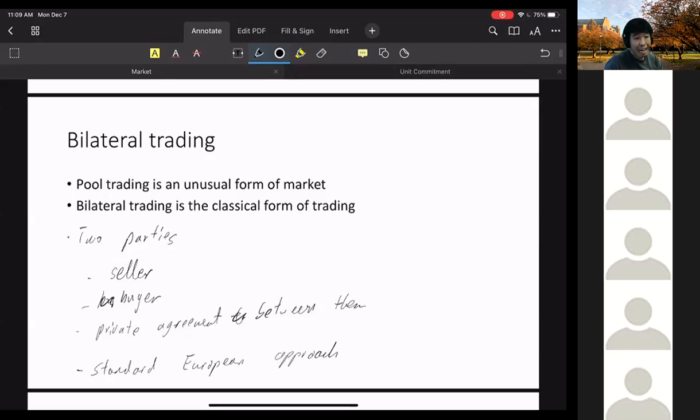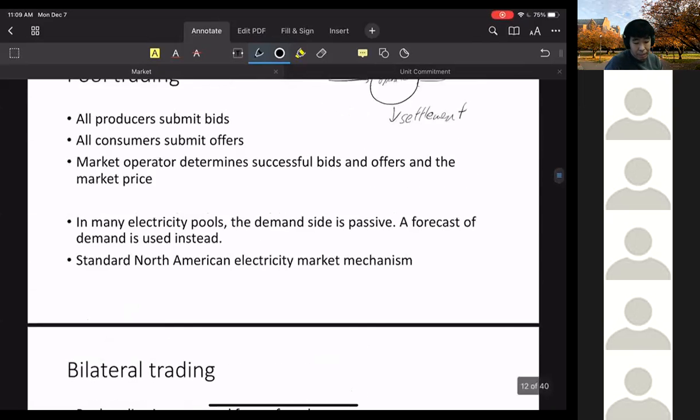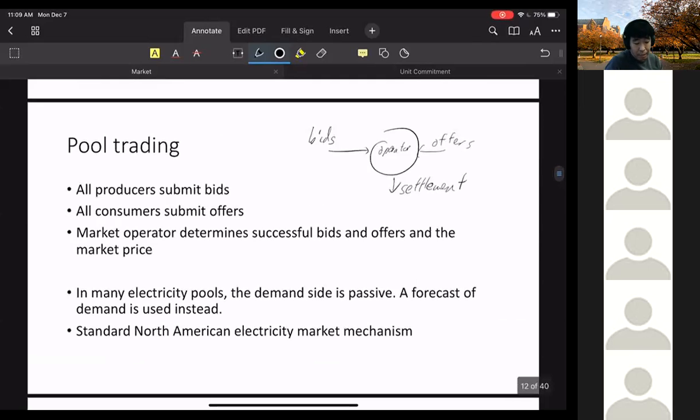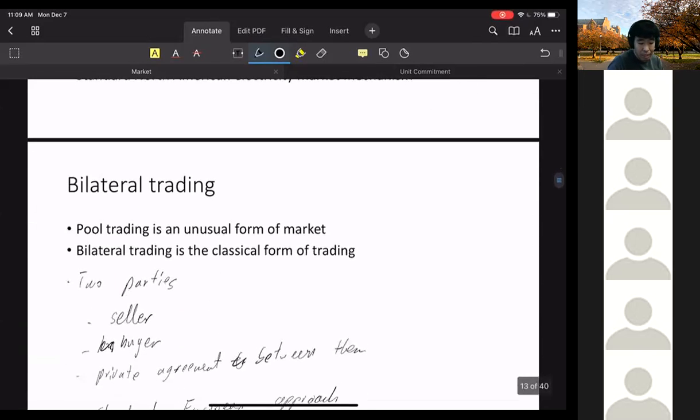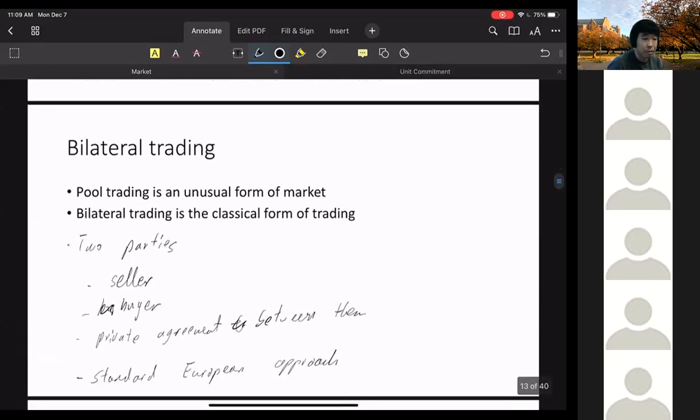When the power system market was first being developed, the US, the North American market, basically settled on pool trading. We have centralized entities that clear bids and offers. Where the Europeans thought, we'll just do everything bilaterally. We'll just come to a private agreement.